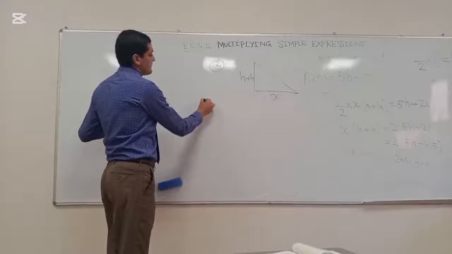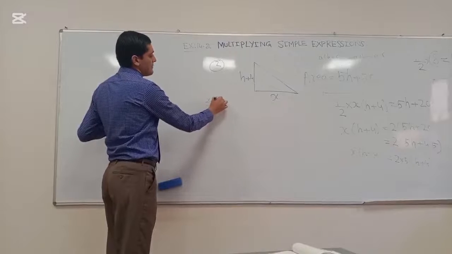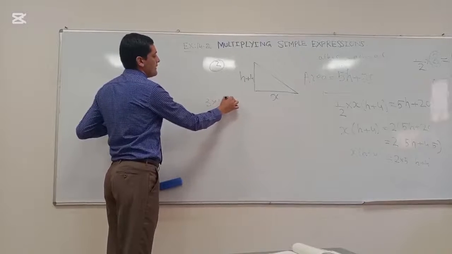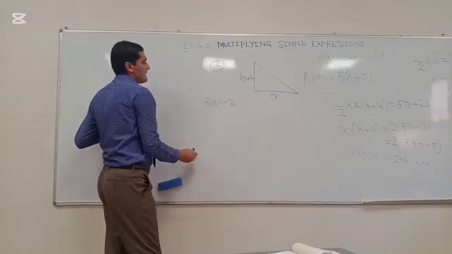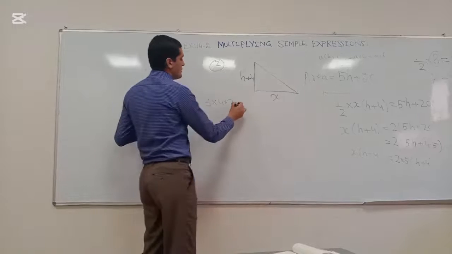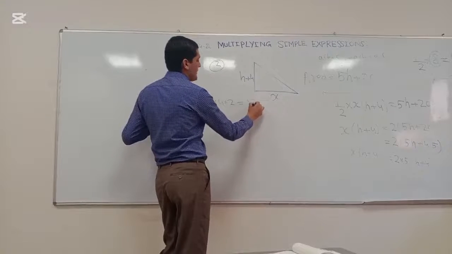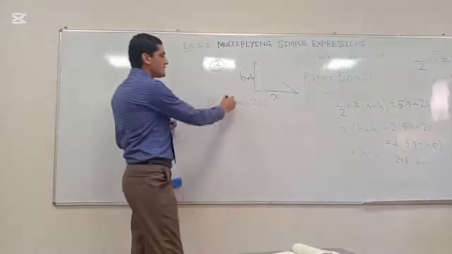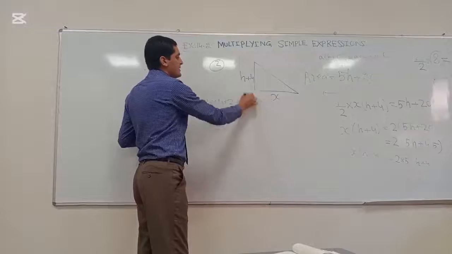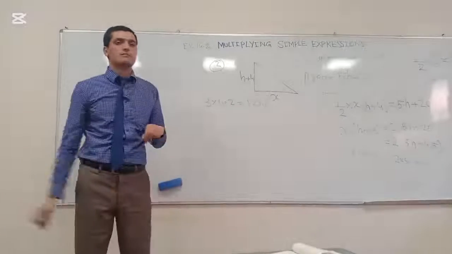Like 3 multiplied by 4 multiplied by 2 is equal to 12 multiplied by 2. Understand? So if you cancel this with this, then again it will be the same. 3 multiplied by 4 is 12.